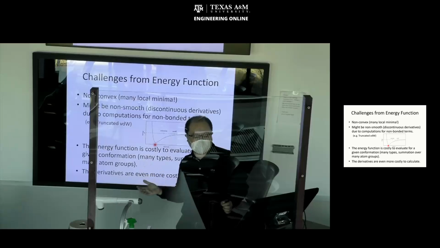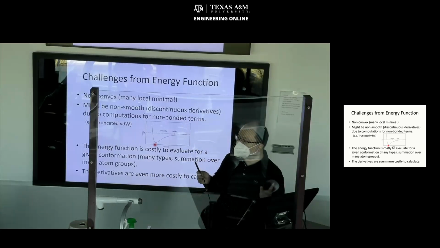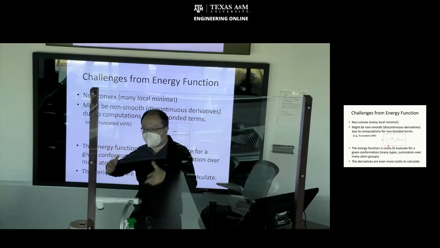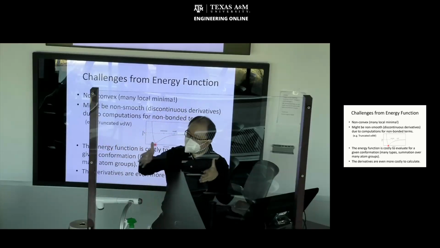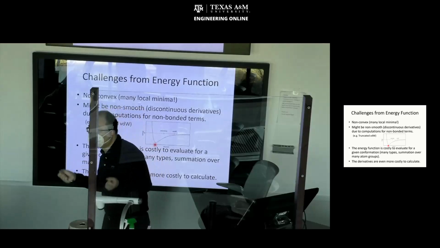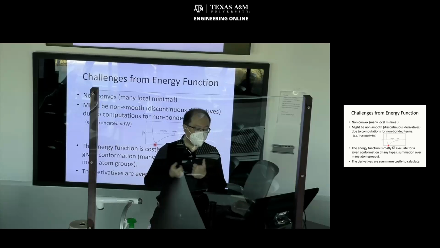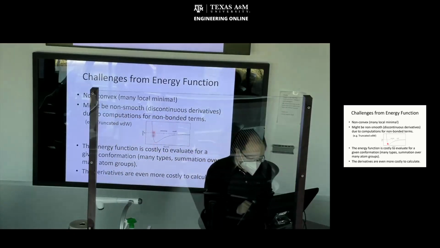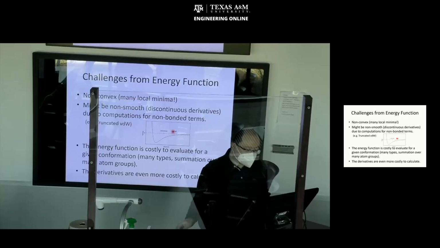So in practice, people look at a cutoff distance and say that if the distance between two atoms is within the cutoff, then I'm going to calculate the force. Otherwise, I'm just going to regard it as zero. But then that's a problem, because if you look at this dashed line, which is the van der Waals calculation for two atoms until reaching the cutoff, at the cutoff distance we see a non-smoothness.